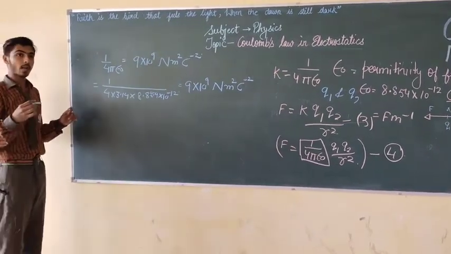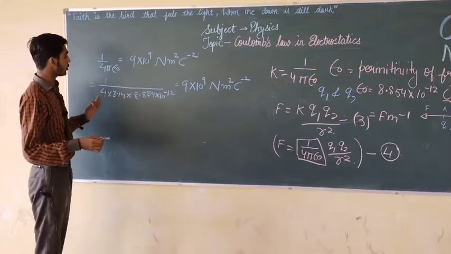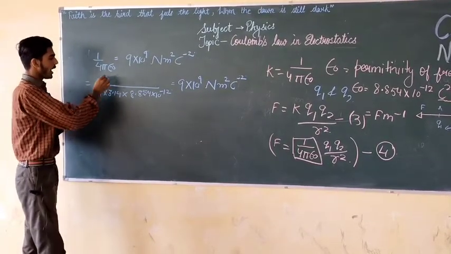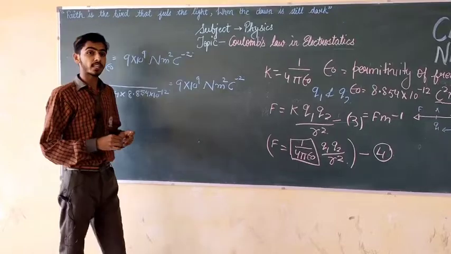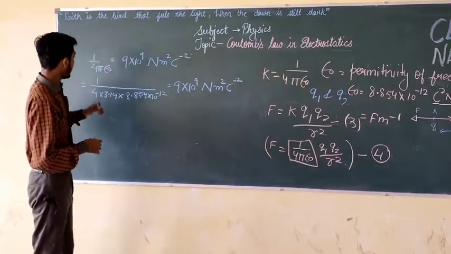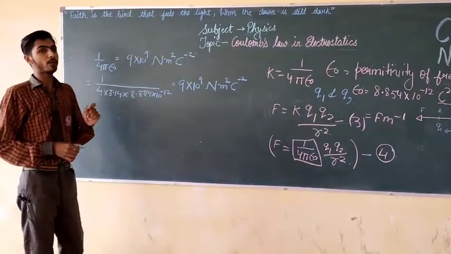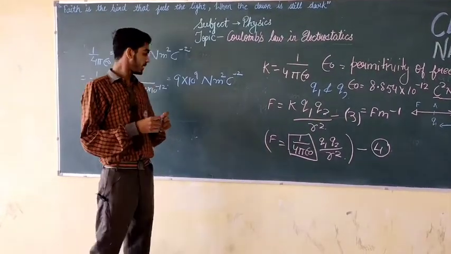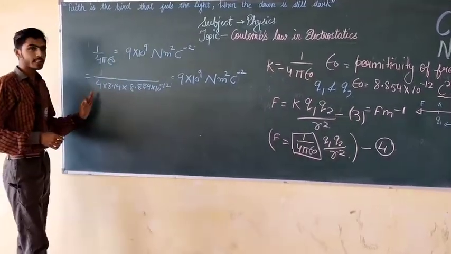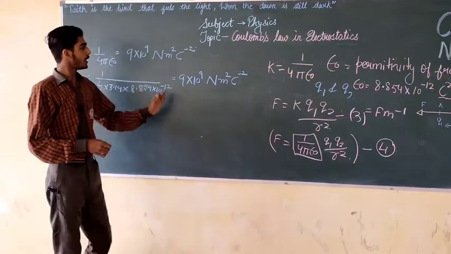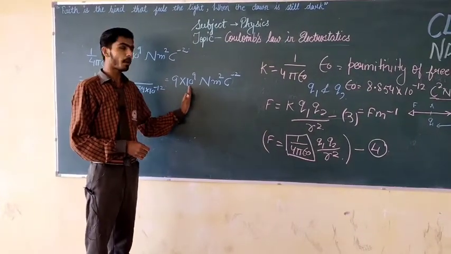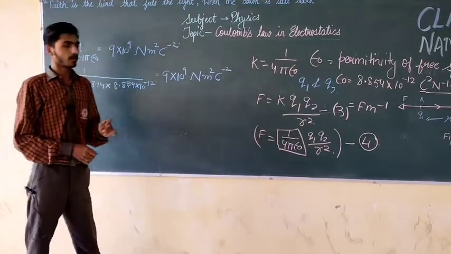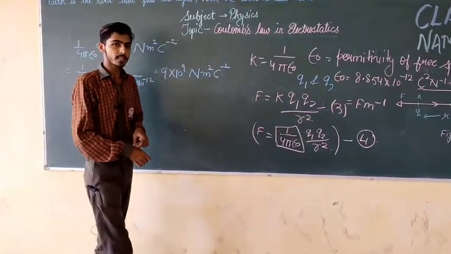Let's see how we get this value. 1 by 4, the value of pi is 3.14, and epsilon naught is 8.854 into 10 raised to power minus 12. When we simplify it, we get 9 into 10 raised to power 9 newton meter square per coulomb square. Have you got this?